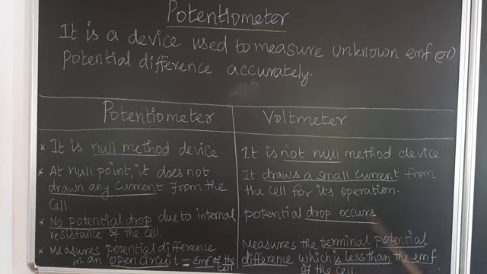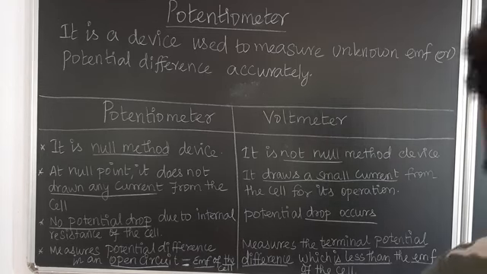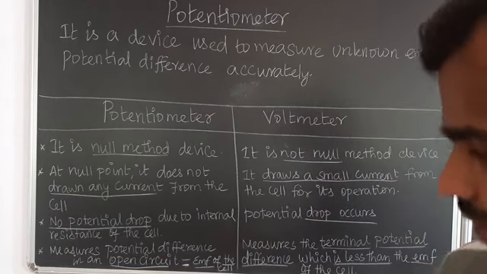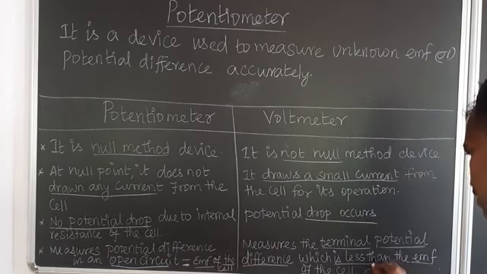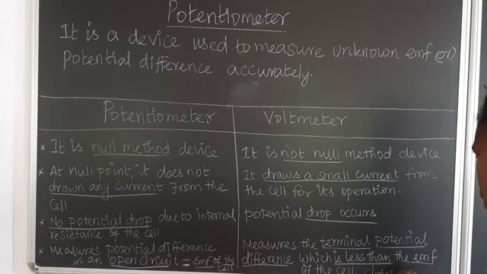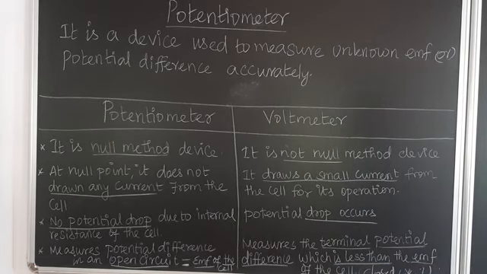Here it works in a closed circuit, not in an open circuit. The voltmeter measures the terminal potential difference, which is less than the EMF of the cell when the circuit is closed.